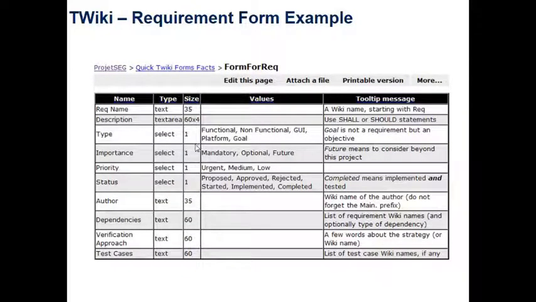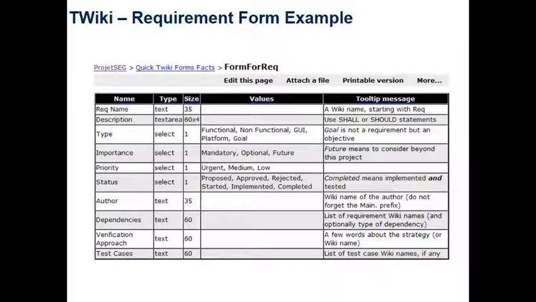Right, and so the table for the request, also the table for requirement, looks something like this, right? You have these fields. You have a requirement name, description, type, its importance, priority, status, author, dependencies, verification approach, test cases, and details about the table fields are here.